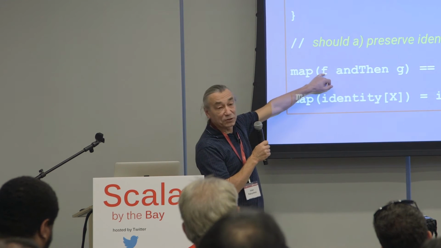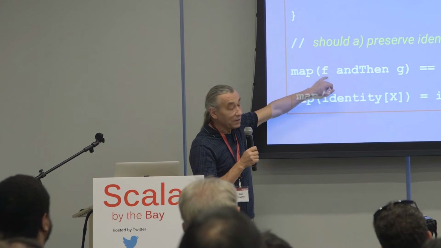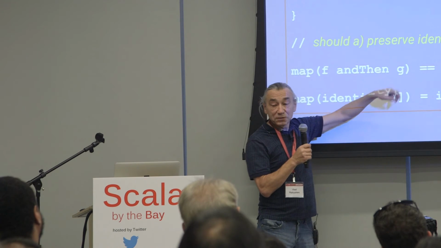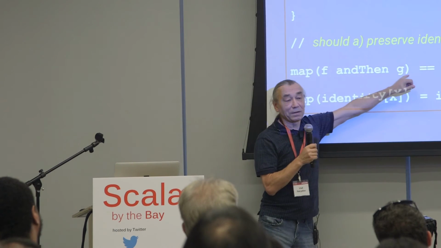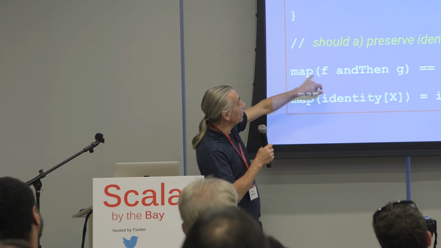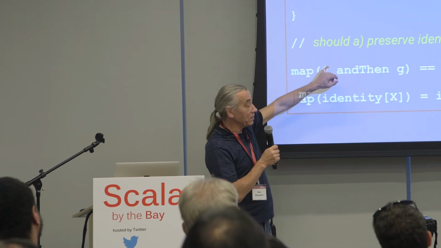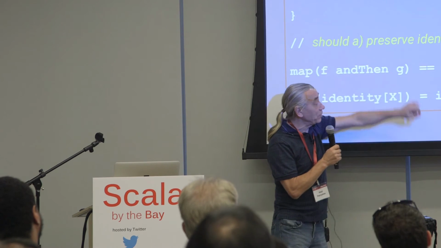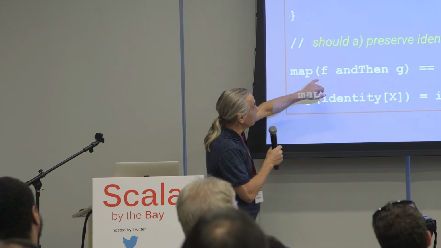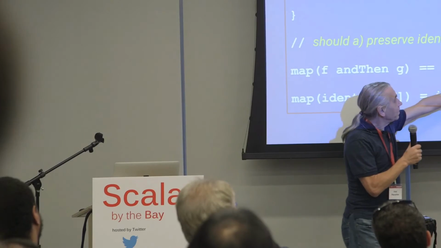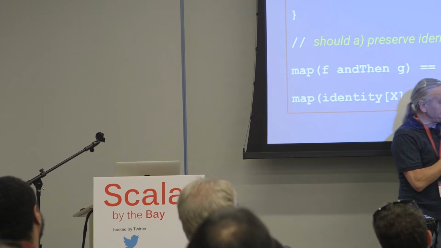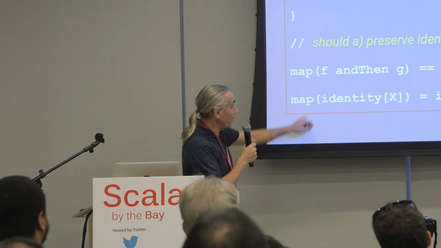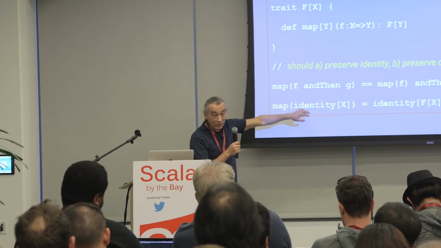We apply f to a value, then apply g to the result of applying f. In more verbose mode, it says apply f and then apply g. So the result of mapping would be this: apply map of f and then apply map of g. And map of identity is identity on F.